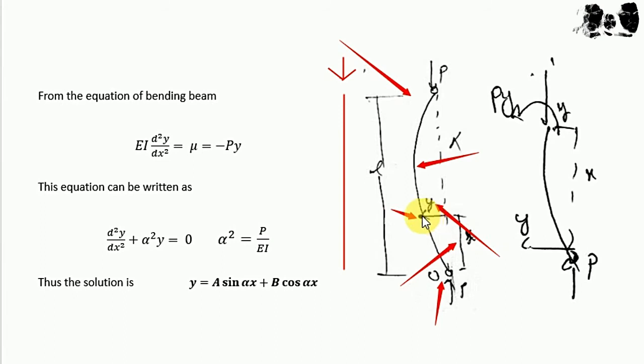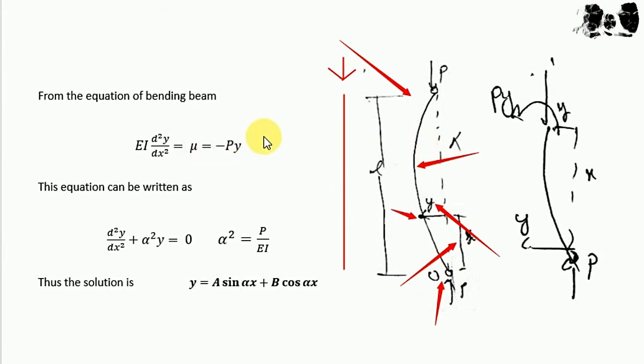Due to the condition we are choosing, P load is rotating the moment in the clockwise direction, or I say in the downward direction. That's why we choose the moment in the negative condition.